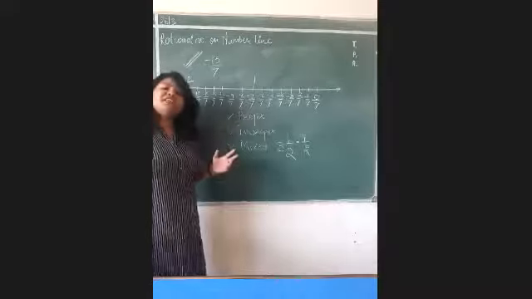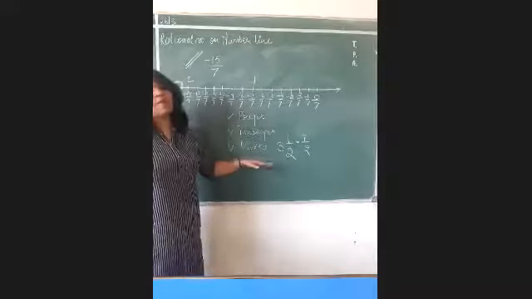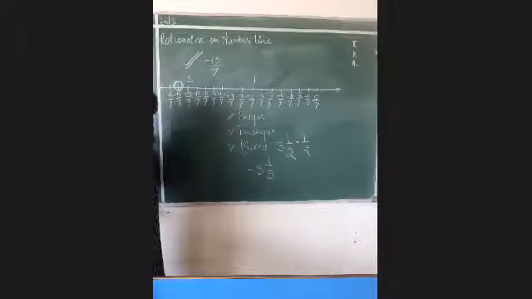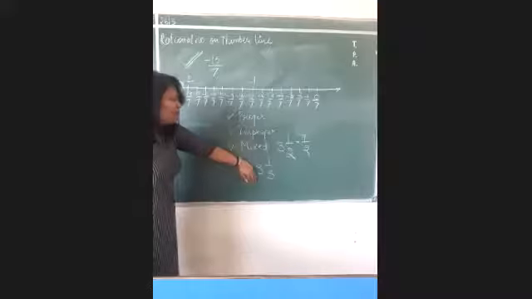How to represent 7/2, you already know from before. Now suppose the mixed number is negative, minus 3 whole 1/5. What will you do in that case? You have to just convert again. Leave the sign of minus.